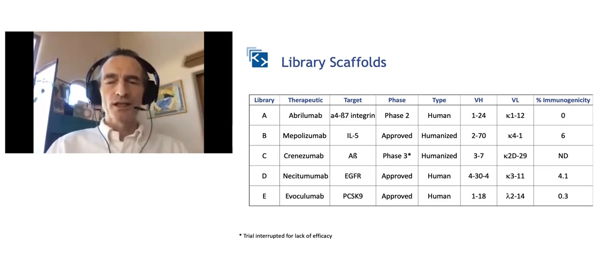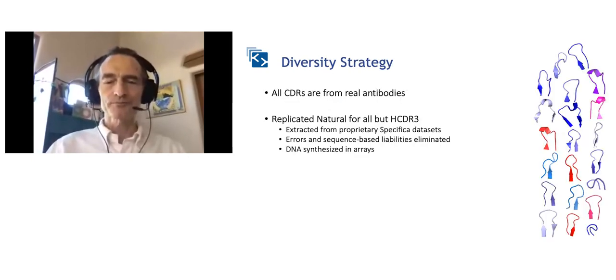As you can see, most of these are a couple of humanized ones, and most are approved, and one in phase 3 and one in phase 2. One in phase 3 was removed because it didn't work as an antibody, but it still performed well in terms of developability. Now, the diversity strategies I've mentioned, all CDRs are from real antibodies.